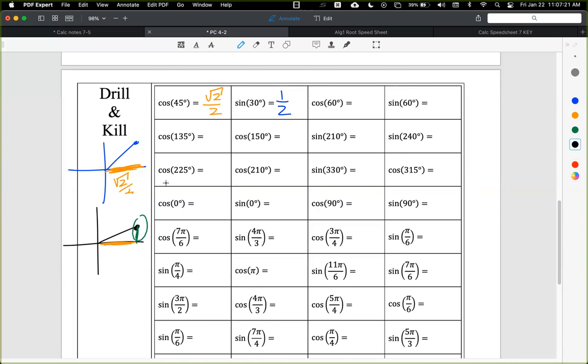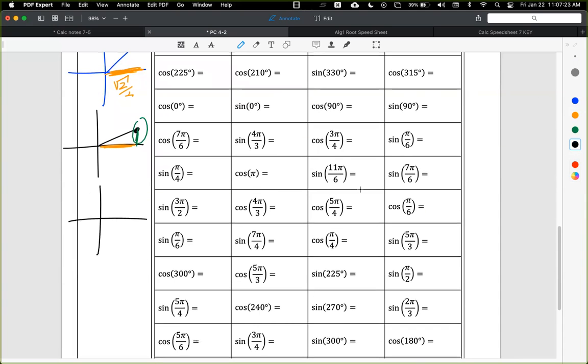So again, what do we see in our heads? We see a graph. We see 135 degrees right there. We're looking at the x coordinate. We're looking at this orange dimension right here. What is that? It's a 45, 45, 90.